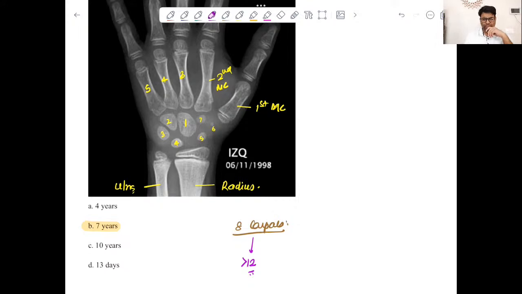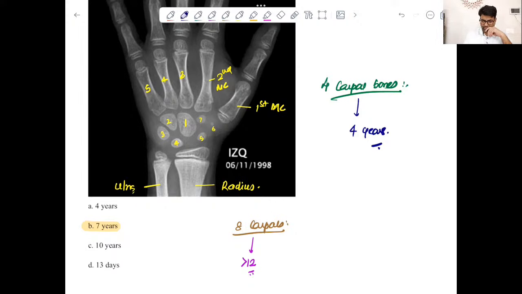Because the last one, which is the pisiform, actually comes between 8 to 12 years. So if you can see the pisiform, it means 12, either 12 or beyond. So this is simple. And you can also remember, if there is a different X-ray where you see only 4 carpal bones, then in that case the age will be 4 years, right?